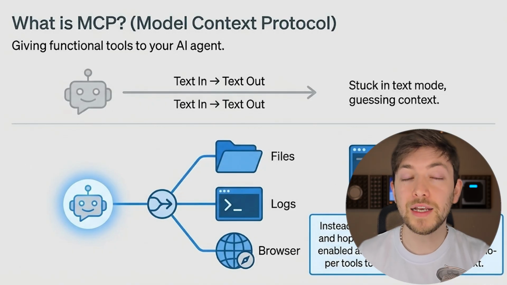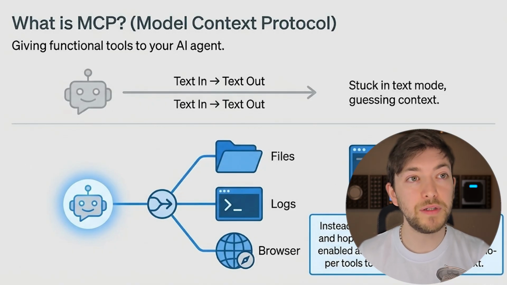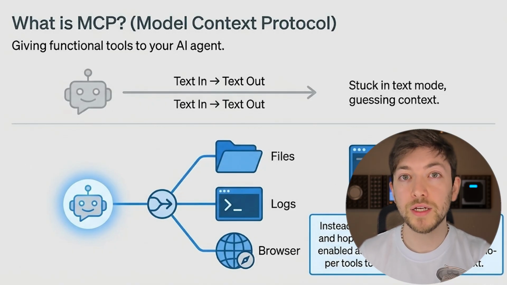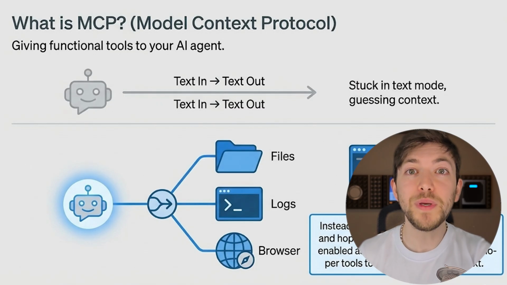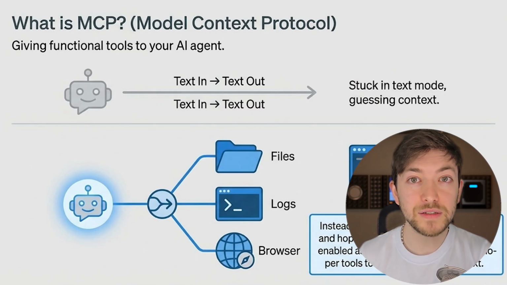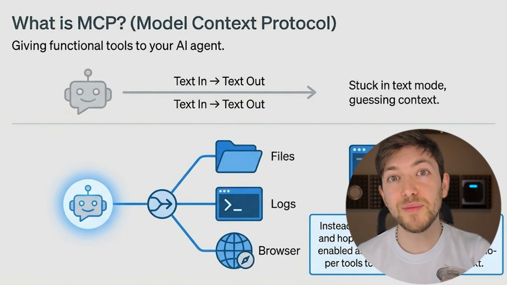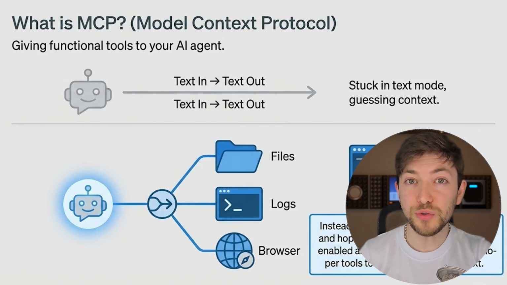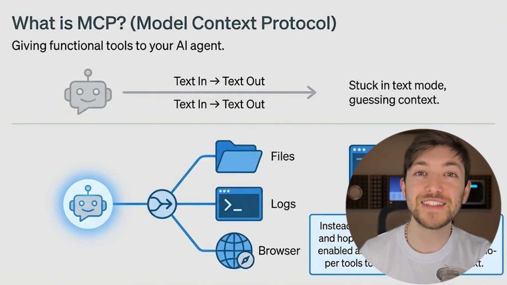Instead of asking an AI chatbot like ChatGPT or Gemini or Claude a general question and hoping that it guesses correctly, an MCP-enabled assistant can actually use real tools to get real context. So basically, MCP is like giving tools to an assistant to do things.